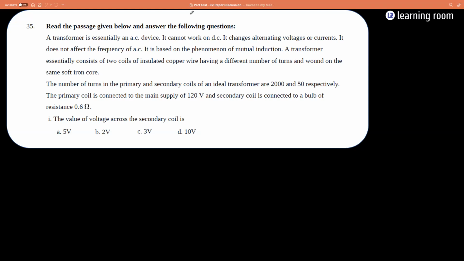The value of the voltage across the secondary coil is. The primary coil is connected to main supply of 120 volt and the secondary coil is connected to a resistance of 0.6 ohm. The value of voltage across the secondary coil is. ES divided by EP will be equal to NS divided by NP, which implies ES divided by 120 is 50 divided by 2000.